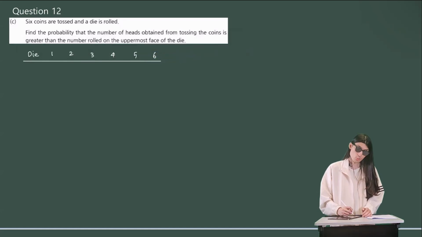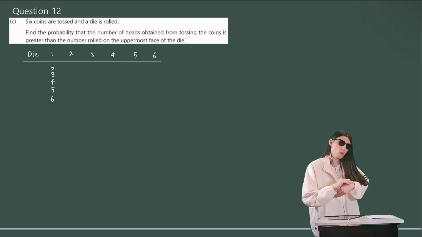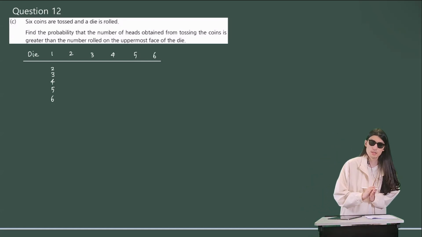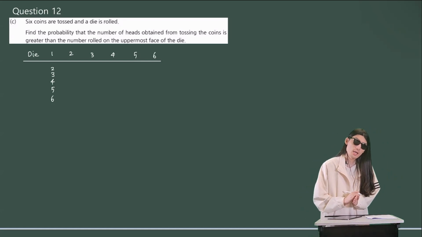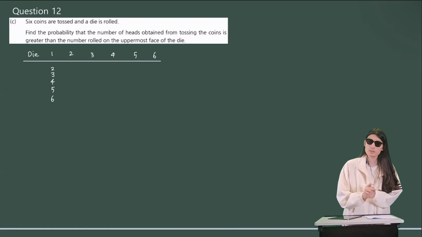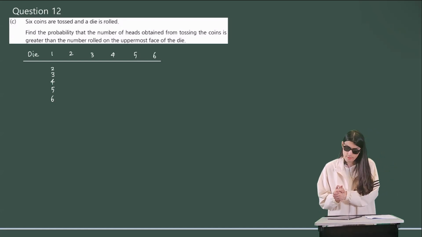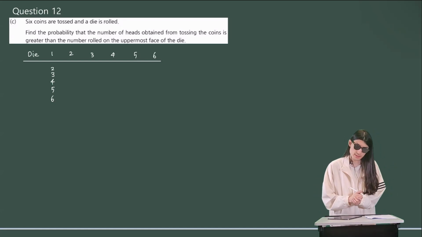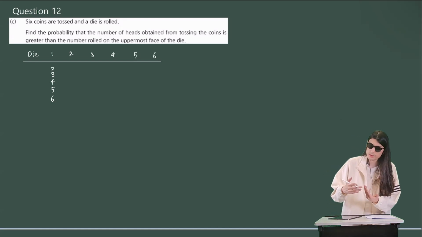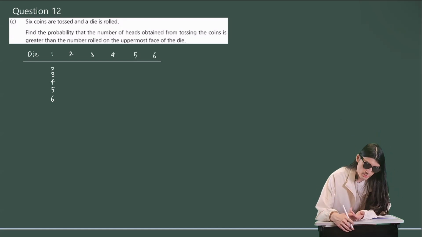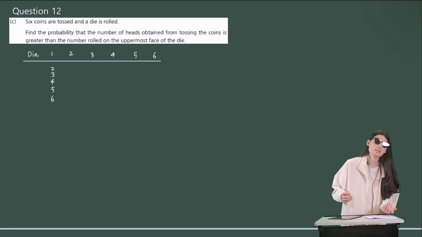So if your die shows 1, then you can have 2, 3, 4, 5, or 6 of your coins showing heads, and then the number of heads that you obtain from tossing the coins is greater than the number rolled on the die, isn't it? So basically the number of heads that showed up from the 6 coins to be greater than the number that's rolled on the die, and that's exactly just what the question says.